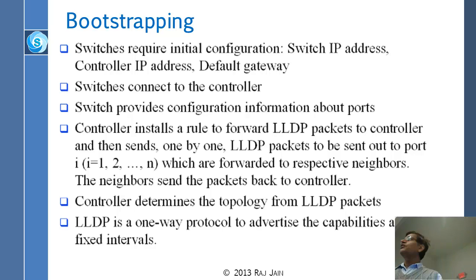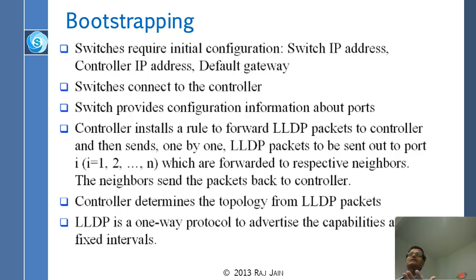So there will be one rule installed that says if you get an LLDP response, it should be sent to the controller. Then the next message says, please send an LLDP request to all ports. So the switch sends the LLDP request to all ports. The messages come in, it does the matching, and the matching says send it to the controller.